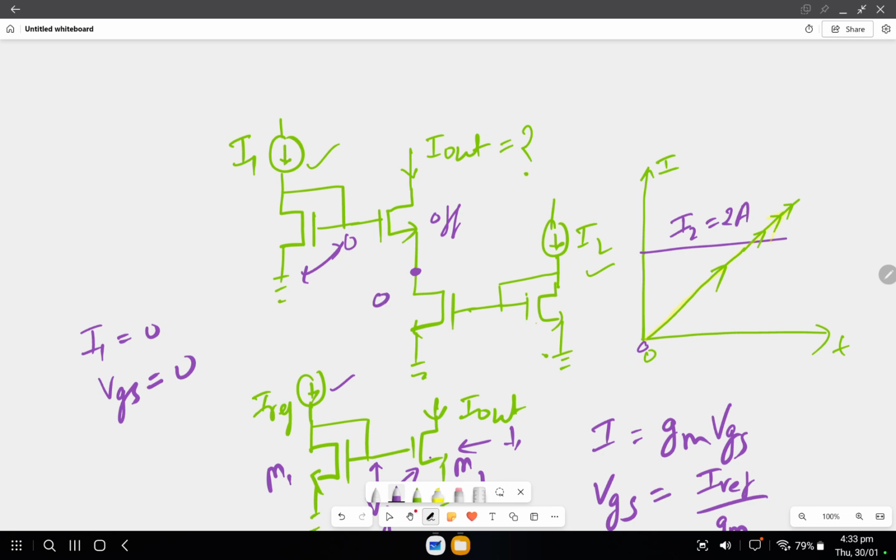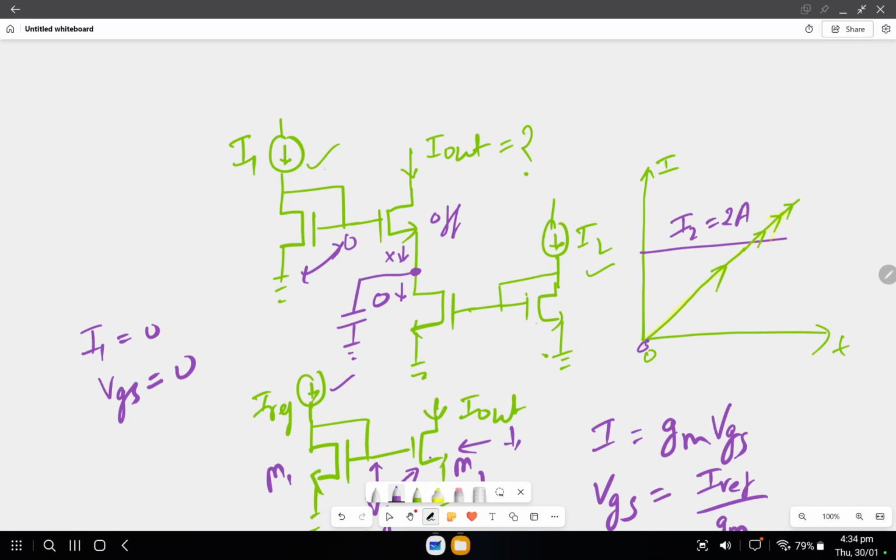Why? Because there is some current flowing from here, but there is no current from here, so this node cap will discharge to 0 volt, so this will be 0. It means that your I out will be 0.